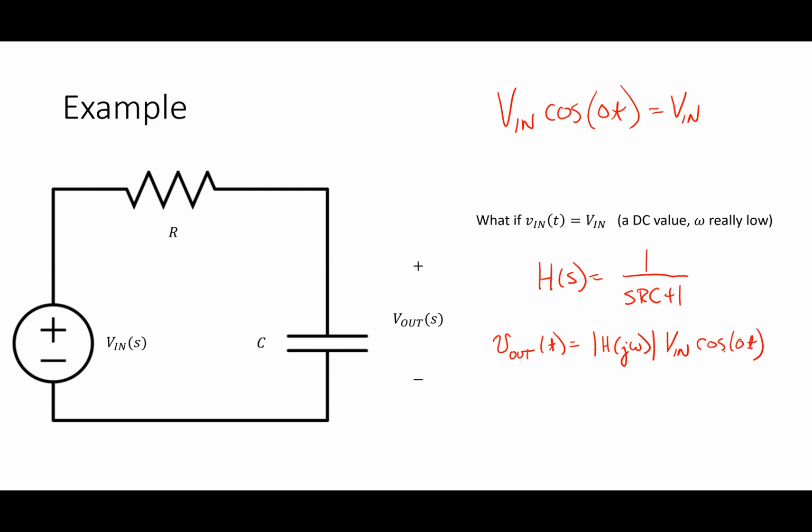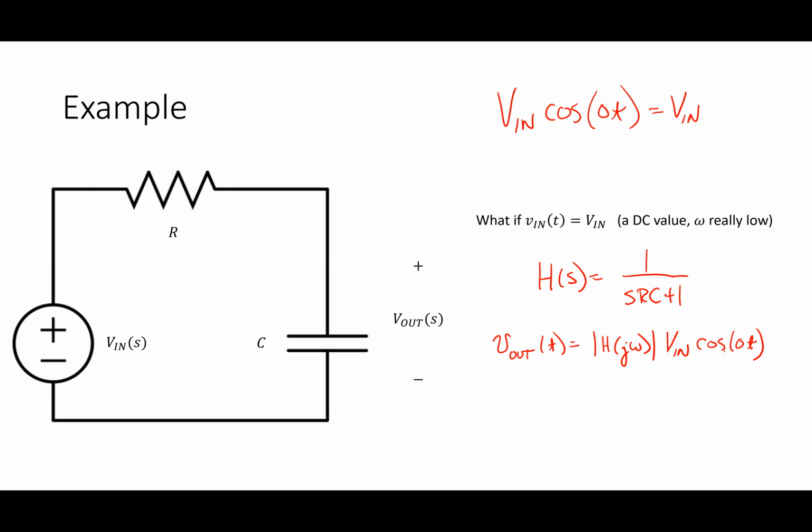All right. Help me out with this, though. What is H of j omega for this thing? S would be 0. So H of s would be 1, right? If I plug in s equal to 0, I have 1 over 1, or 1.